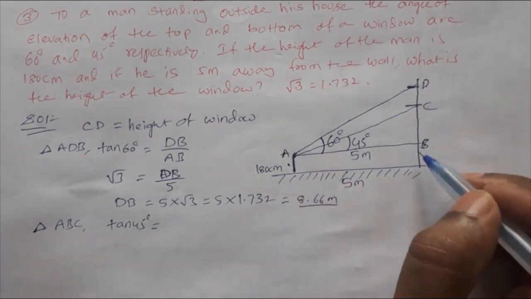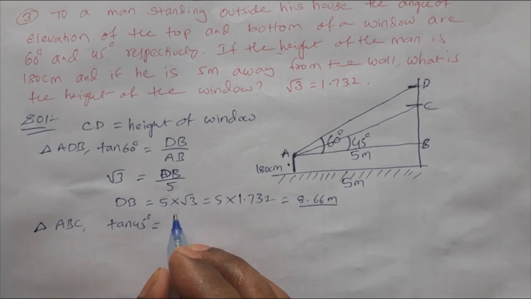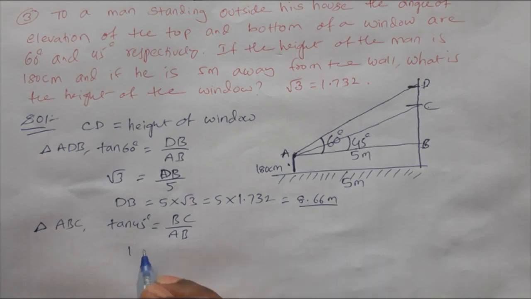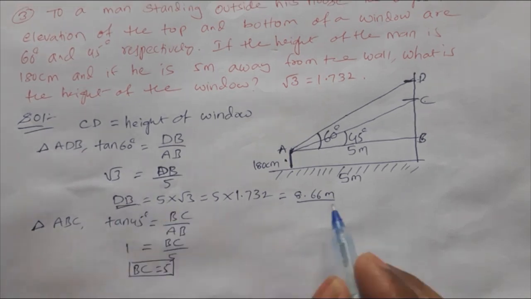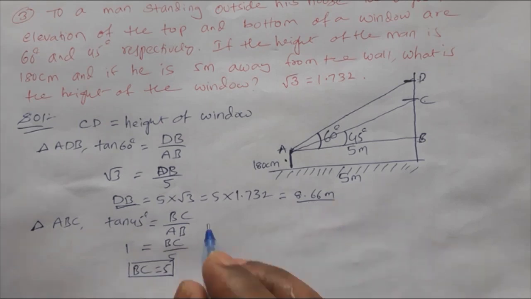Opposite is BC, adjacent is AB again. Tan 45 is 1. BC we don't know, AB is 5. So finally we will get BC as 5. BC is 5, DB is 8.66.